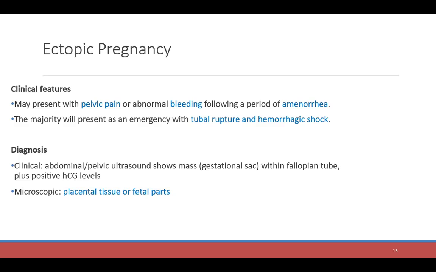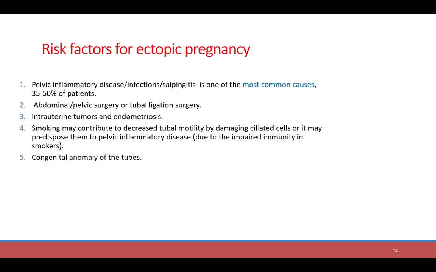Fetal parts mean fetal organs or fetal components and/or placental villi. So what we look for in ectopic pregnancy is the presence of placental villi. We see trophoblastic tissue, either villi or trophoblastic cells like the cytotrophoblast, syncytiotrophoblast. That's why it's important for ectopic pregnancy to see the placental tissue.